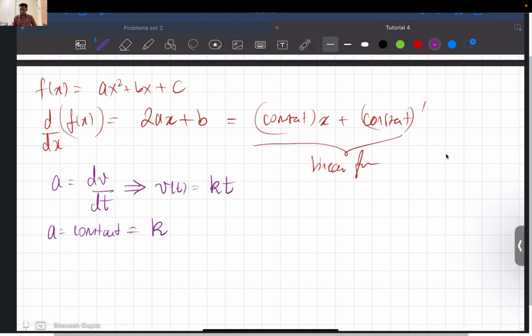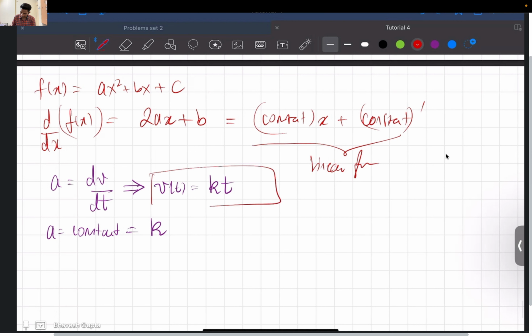Then only if I take a derivative of this particular velocity, I would get the acceleration as a constant. And you can also see that I can have some arbitrary constant here, right? And you can check this. When you take a derivative of the velocity, it will give you the acceleration.